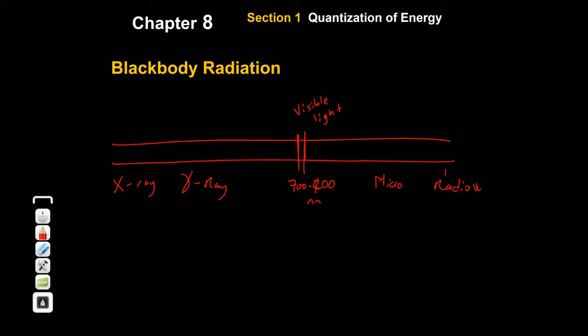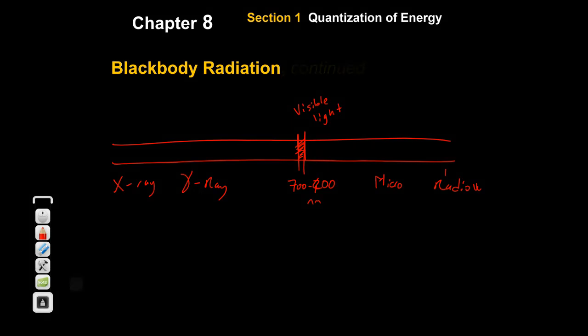We can see only in the range of 700 to 400 nanometer, and that's blackbody radiation. In the next part, I will talk about the problem in blackbody radiation, the classical approach and the experimental data, and what the problem's name is.